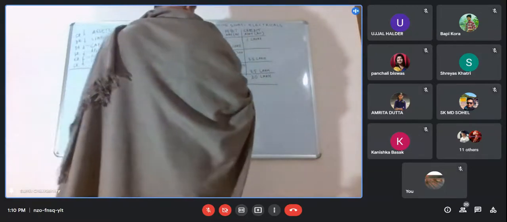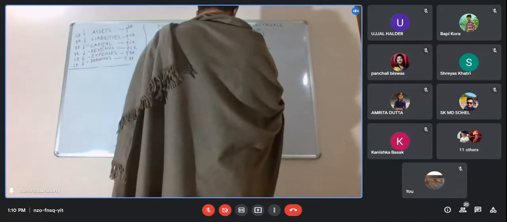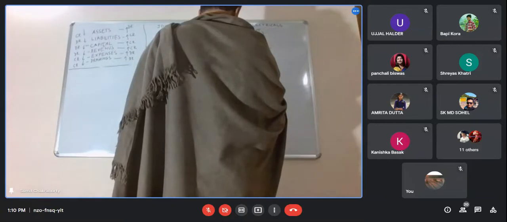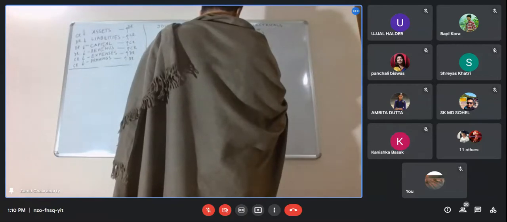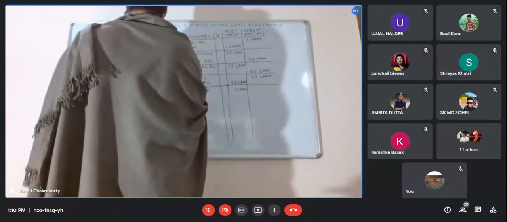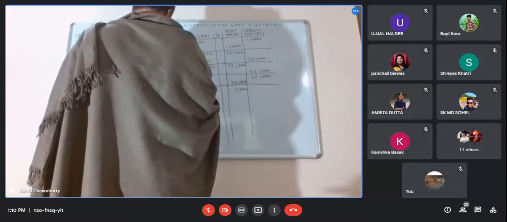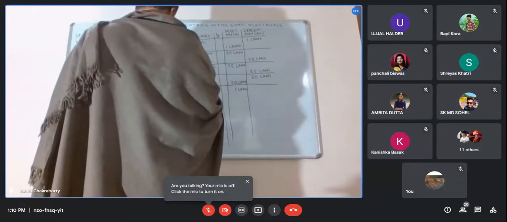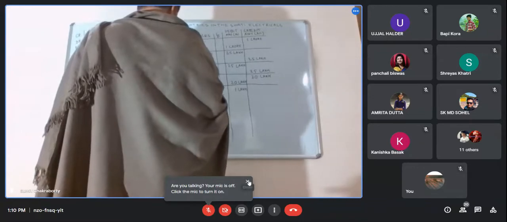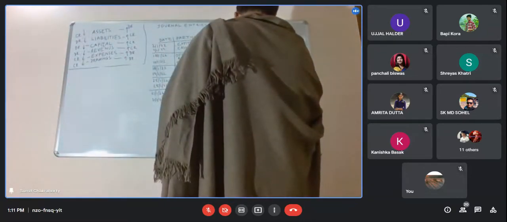Salary is an expense, so debit, 1 lakh. And then cash account, credit 1 lakh because cash reduces.